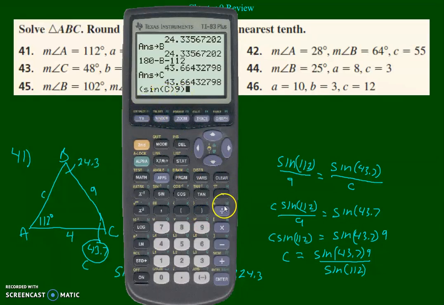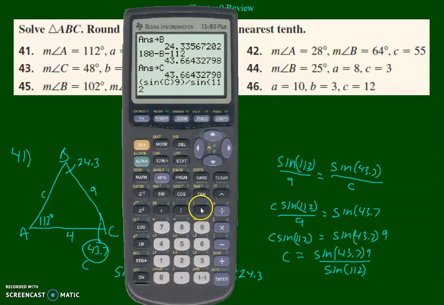There's my numerator, divided by sine of 112. And it's exactly 112, so I don't have anything stored. Sine of 112. And that should be my side length of C, 6.7. Let's go ahead and write that.